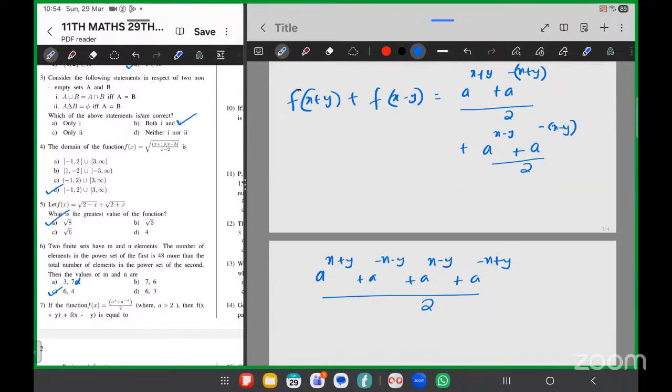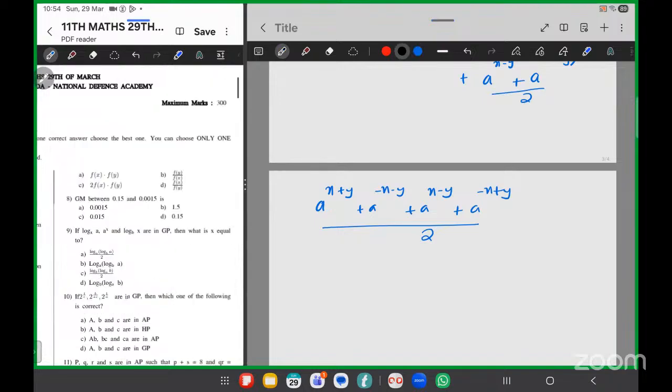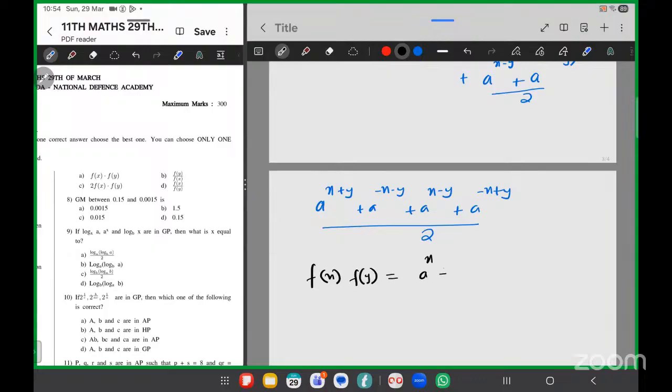That means if you multiply f of x and f of y, we will be able to write like this: a raised to x plus a raised to minus x into a raised to y plus a raised to minus y by 2.